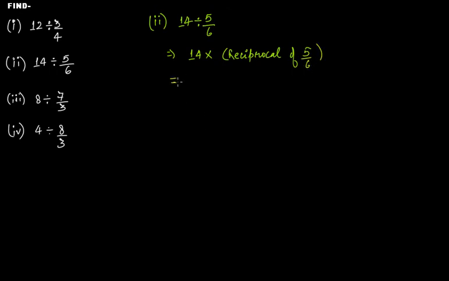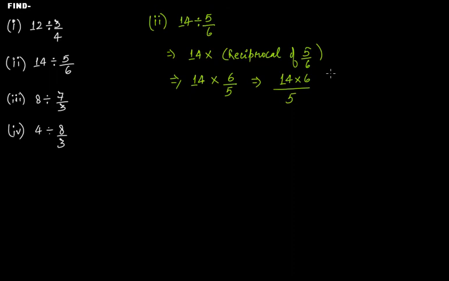Okay, so what will be the reciprocal of 5 over 6? 6 is the denominator, make it the numerator, and 5 is the numerator, make it the denominator, right? Now a whole number being multiplied with a fraction, so the whole number will be multiplied to the numerator, and this will be 5.